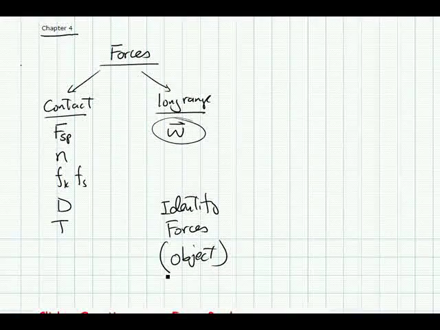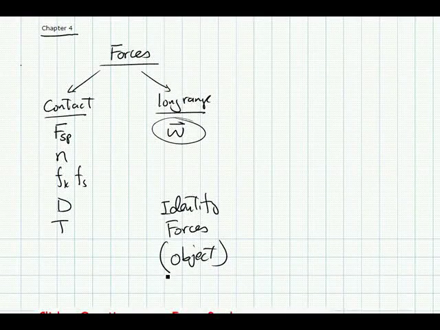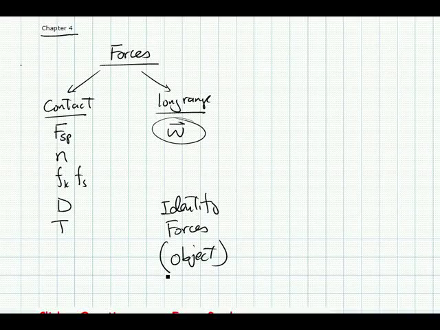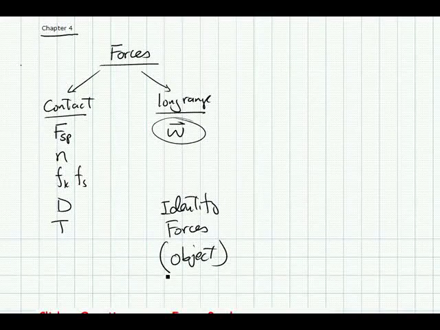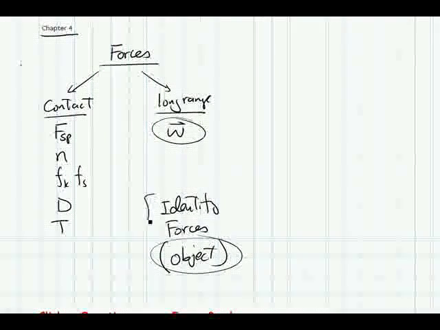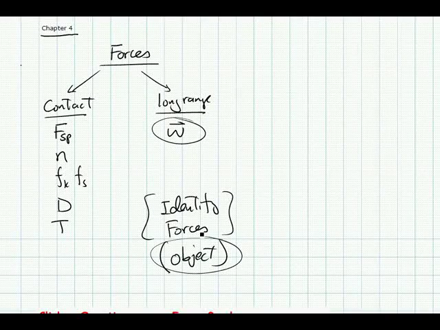So if a book is your object, a book which is sitting on top of a table, then you consider all the forces that are acting on the book. If your object is a soccer ball being kicked on a soccer field, then you consider all the forces that are acting on the soccer ball. So you need to have one object and identify all the forces that are acting on that object.